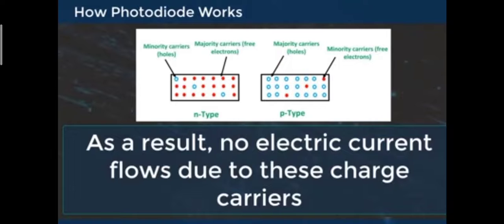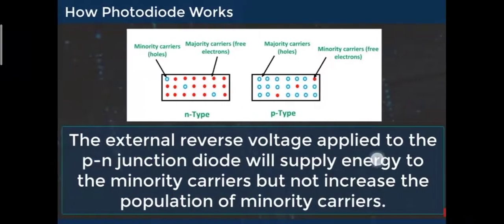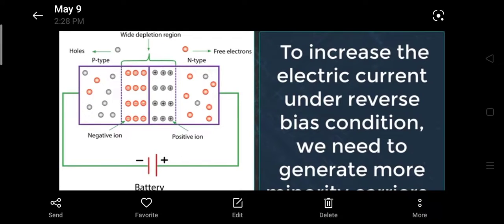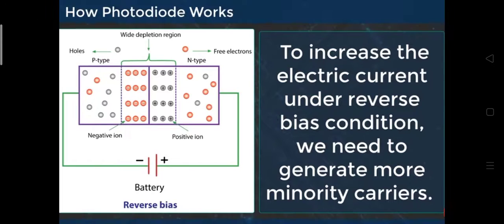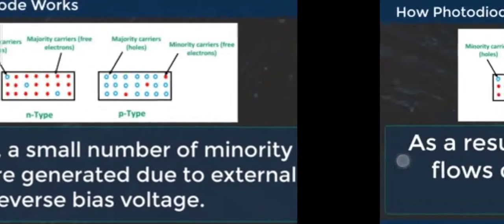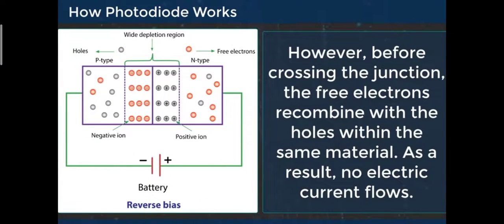Why? Because the electrons in the p-type will move towards the n-type, but they cannot cross the depletion region. So there is no current produced in the PN junction diode in the reverse biased condition.